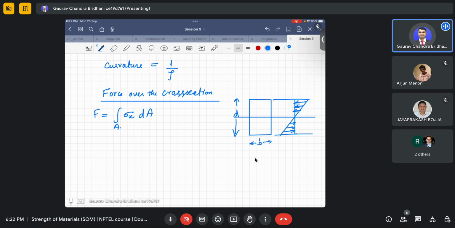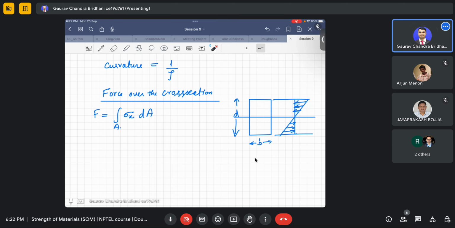Force equilibrium is used in this scenario where we need to find the total force. And how do we find the neutral axis? I have drawn this surface, this axis, passing through where the stress as well as strain is 0. Even if I draw the strain profile, strain will be 0 on this surface. So how to find this neutral surface is also using force equilibrium.